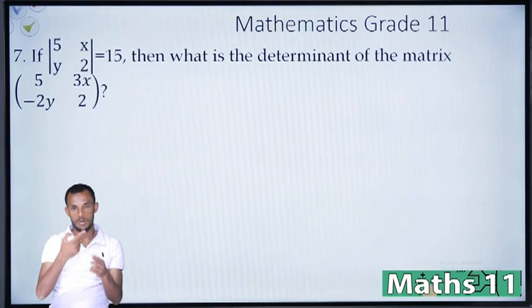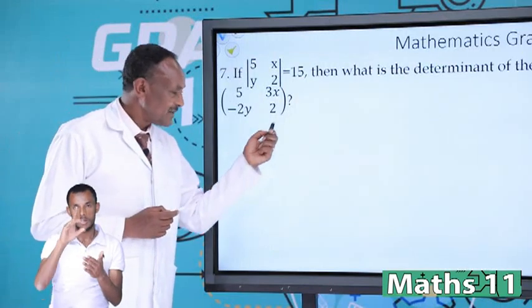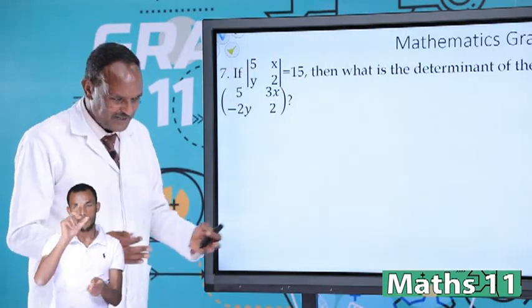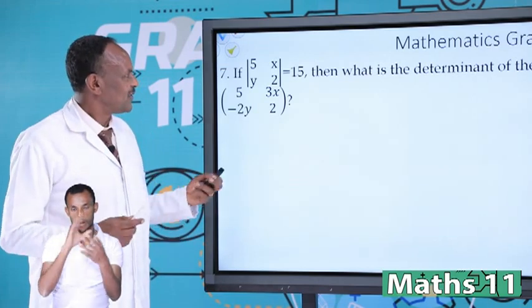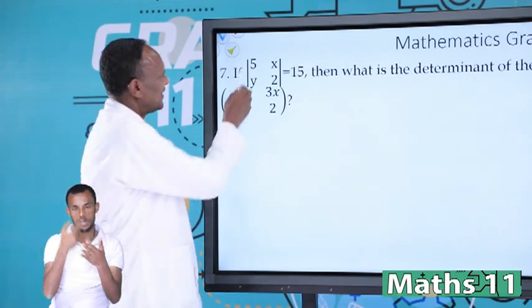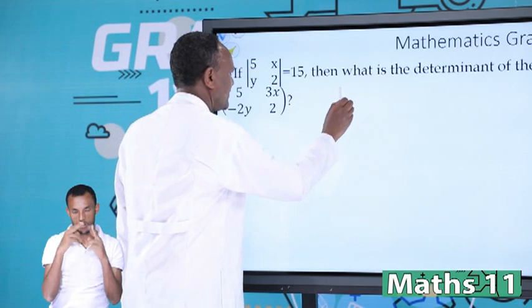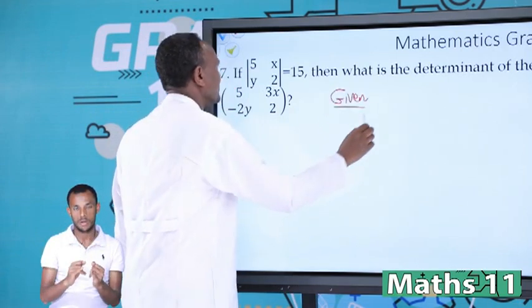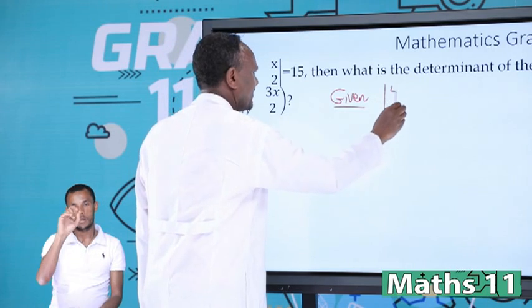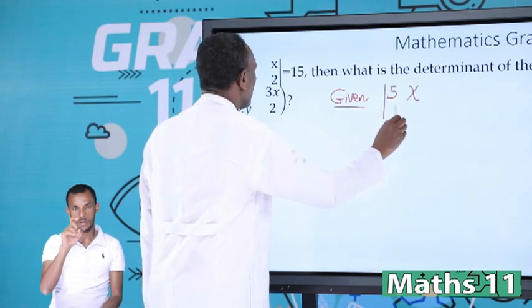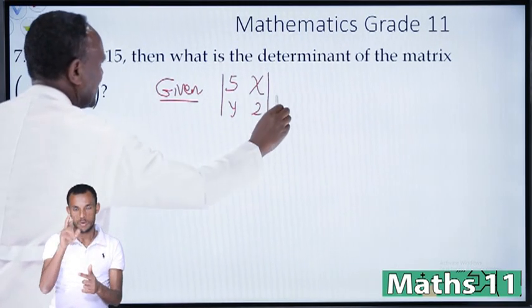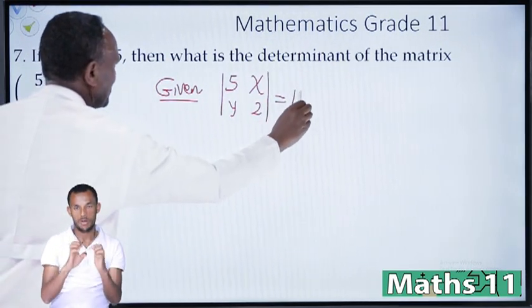To find the determinant of a 2 by 2 matrix, you apply the formula and solve the given expression. We are given that the determinant of 5, x, y, 2, when evaluated, gives a result of 15.